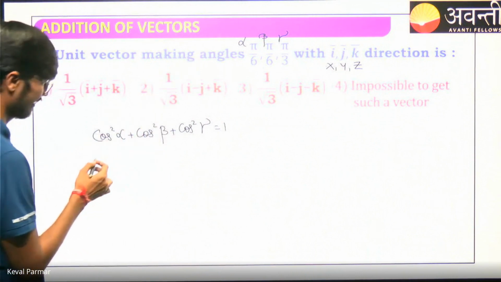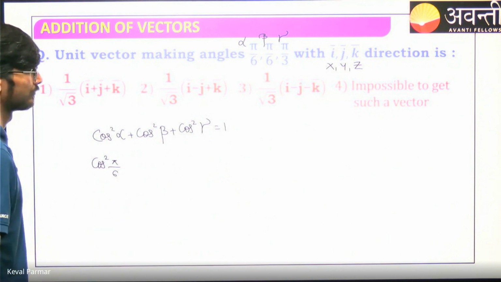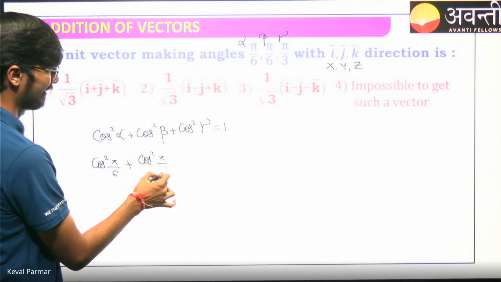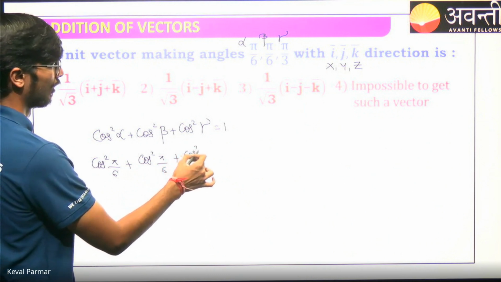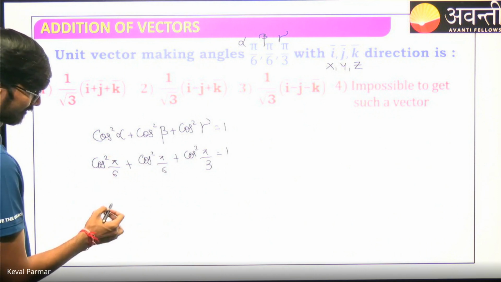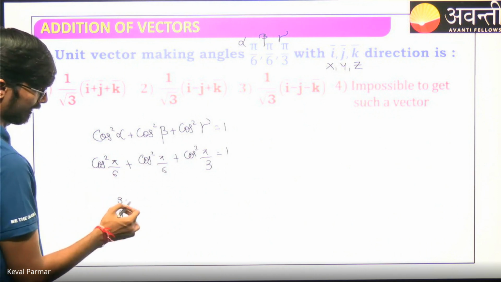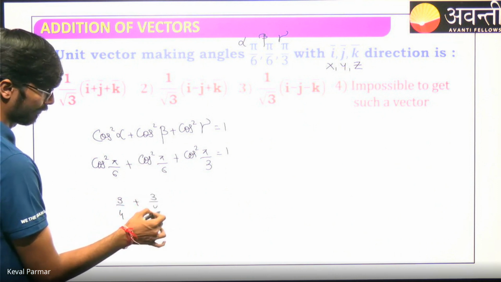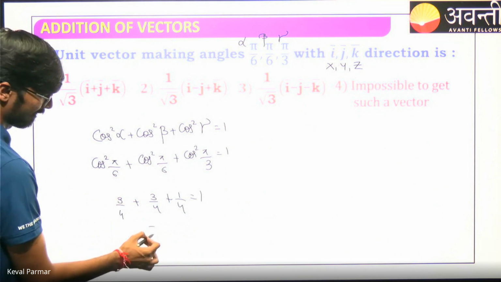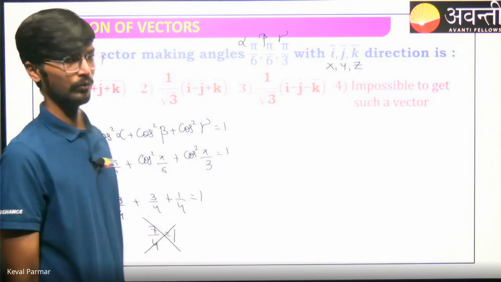So I can say cos square pi by 6 plus cos square pi by 6 plus cos square pi by 3 should equal 1. Cos 30 is root 3 by 2, so the square will be 3 by 4, plus 3 by 4, plus 1 by 4, which gives 7 by 4 equals 1, which is not true.